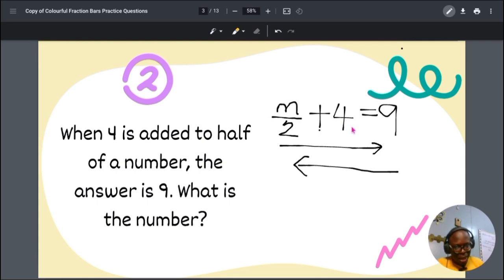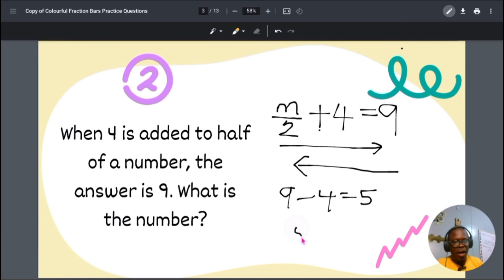I added to get 9, so I have to subtract. That will be 9 minus 4, giving 5 as the first step. Then, because I did a division here, I'll multiply that 5 by 2 instead.